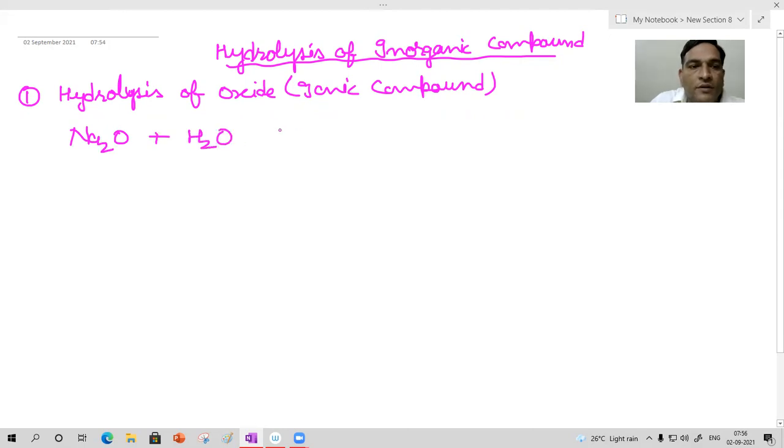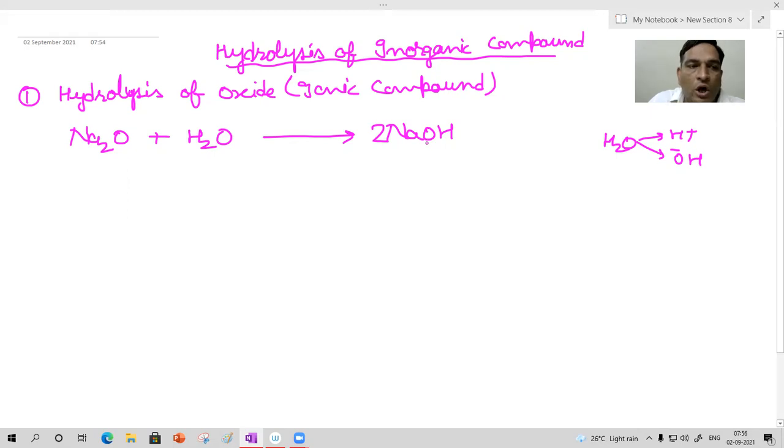Whenever an ionic compound is given, you have to assume water is H plus and OH minus. This H2O is treated as H plus and OH minus. You are getting NaOH. There are two sodium, two oxygen, two hydrogen, balanced reaction.